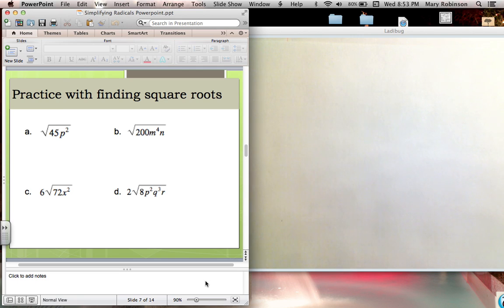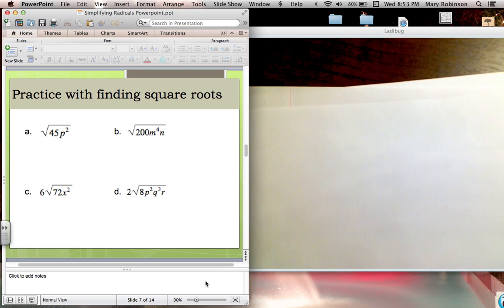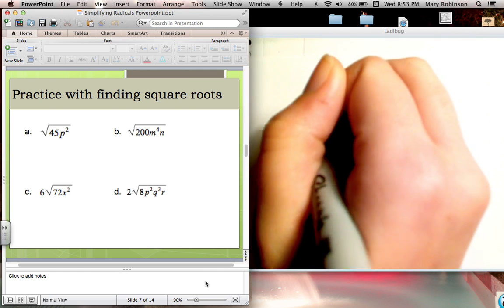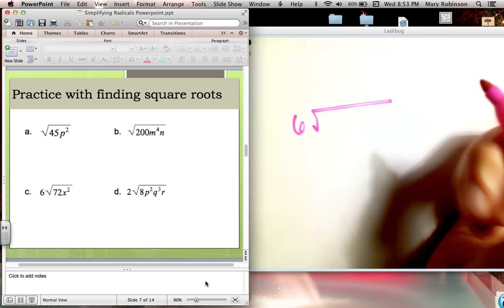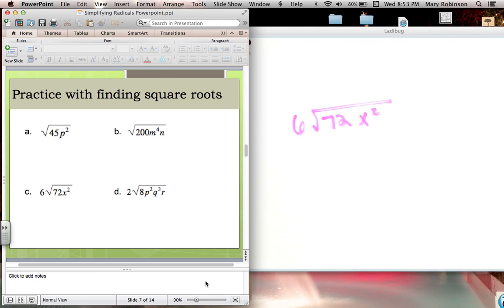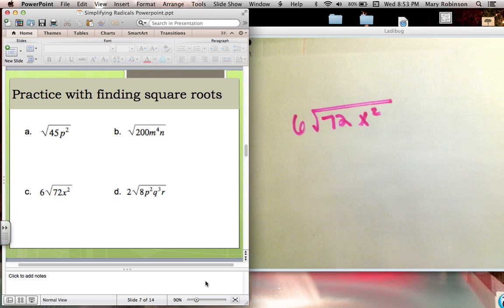Next I'll do C. Notice this time there's a number that's already on the outside. So we have 6 square roots of 72 x squared. Let me change markers. Okay.